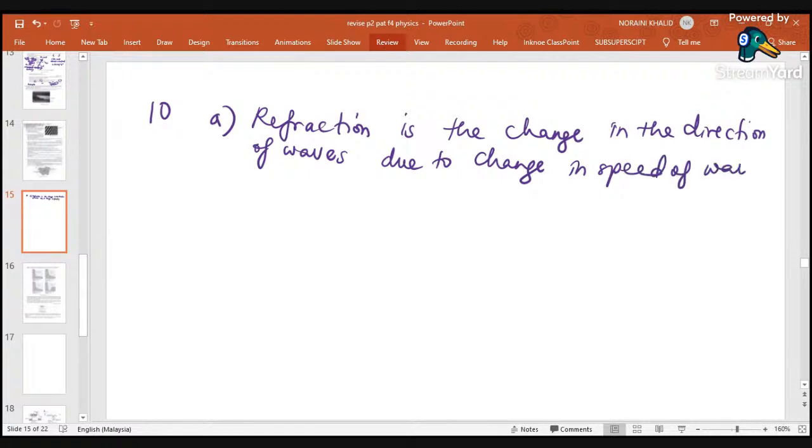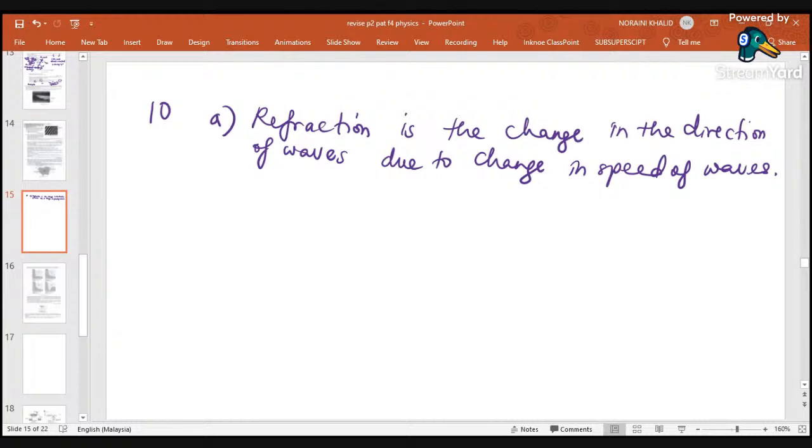Okay, so when we talk about water wave, the change in speed is caused by depth of water. Okay, kedalaman yang berbeza menyebabkan speed akan berubah, akan berubah speednya.